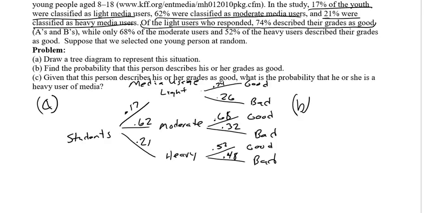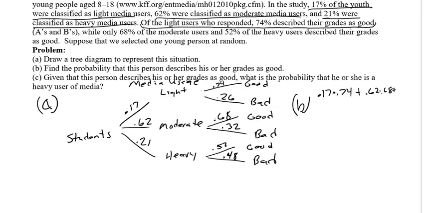So we do know that for the light users, 17% were light users and 74% said they were good, so 0.17 times 0.74. And then add 0.62 times 0.68, plus 0.21 times 0.52. So by doing that, we can calculate it.